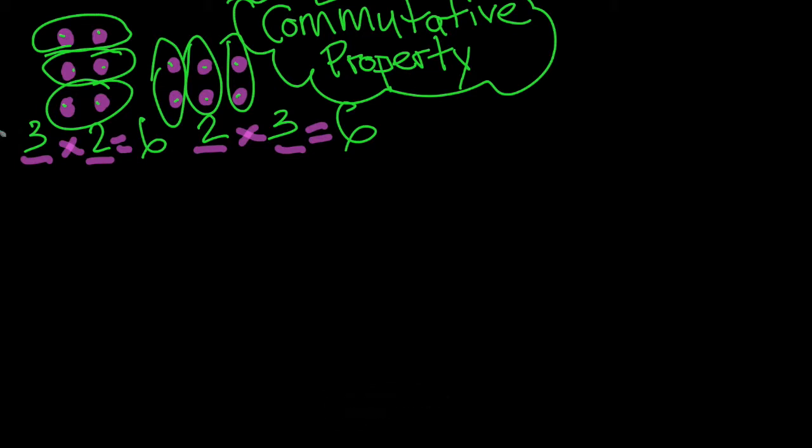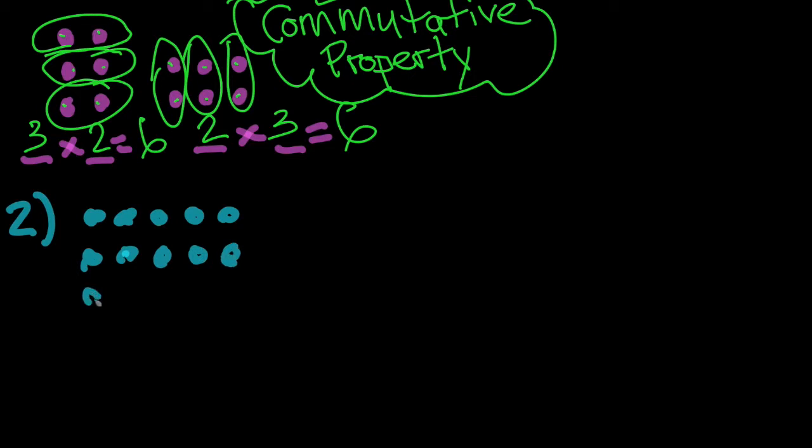All right. So I'm going to give you, this is question number 2. I'm going to give you 2 arrays, and it's going to be your job to show the multiplication sentence. So here's one array. There's one array, and then here's the other one.